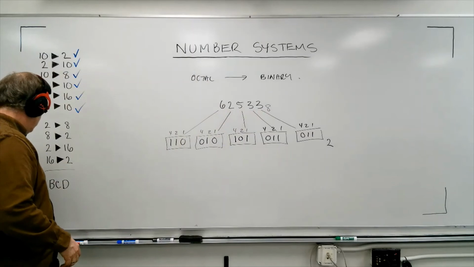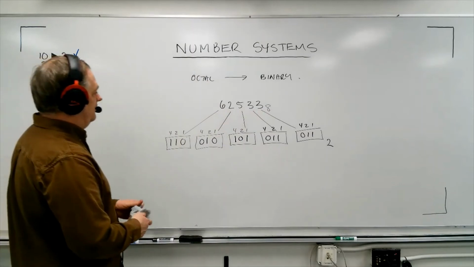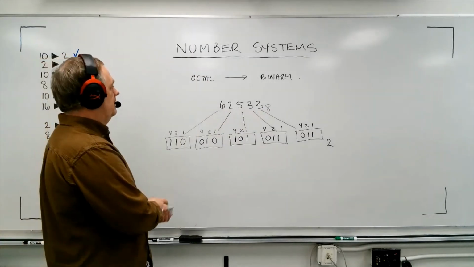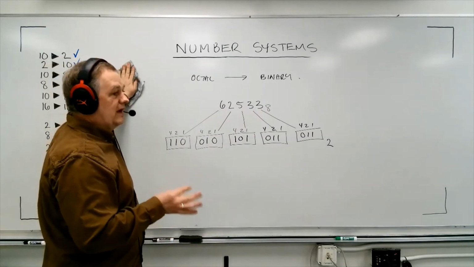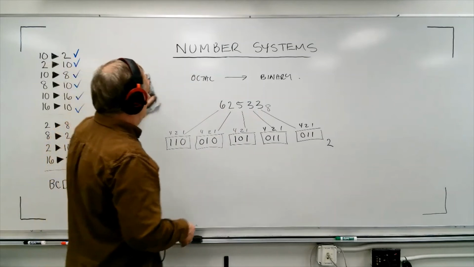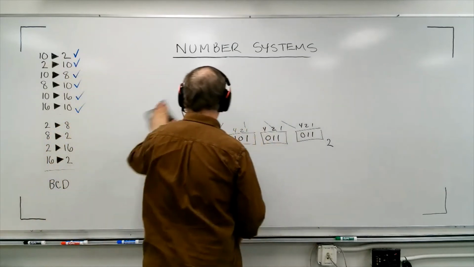Now the last one that we want to do is convert between binary and hex directly without having to use 10. So let me show it to you like this.